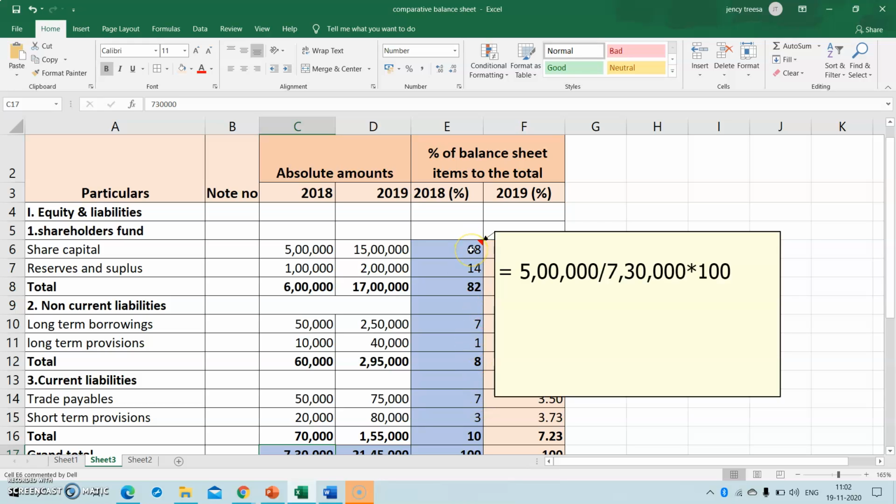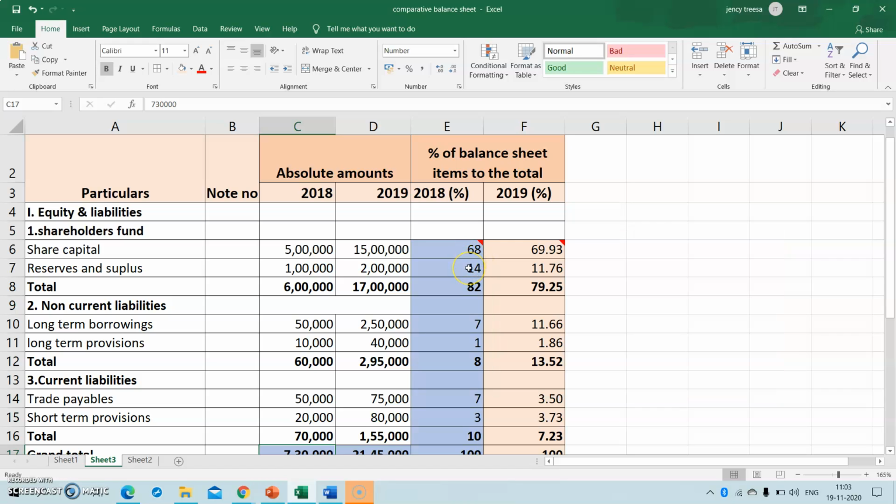That is, this is a very good company because 68% is share capital, 14 is reserves and surplus. So their long-term funds are 82%. 82% comprise share capital and reserves alone. Borrowings are just 7%. So a very good company, with very little use of debt in the capital structure.